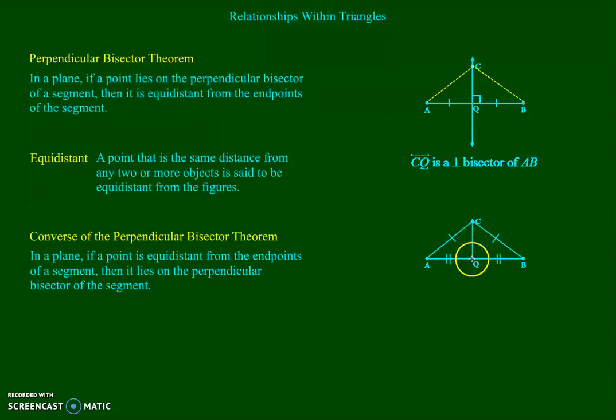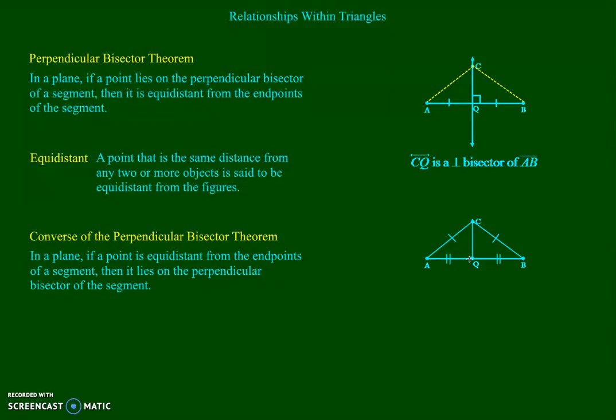Therefore, CQ is perpendicular to AB, and since CQ passes through the midpoint of AB, it is the perpendicular bisector of AB. So that proves out this theorem. Now, of course, these proofs were very informal proofs, but if you want to go through the formal proof of that, it shouldn't be too difficult.